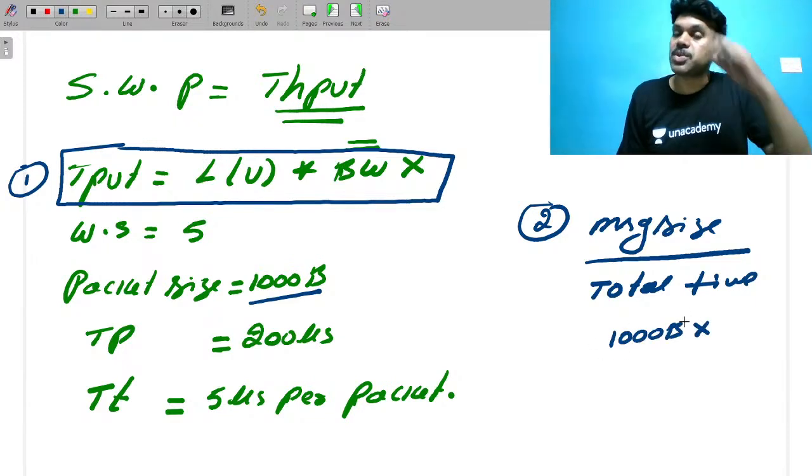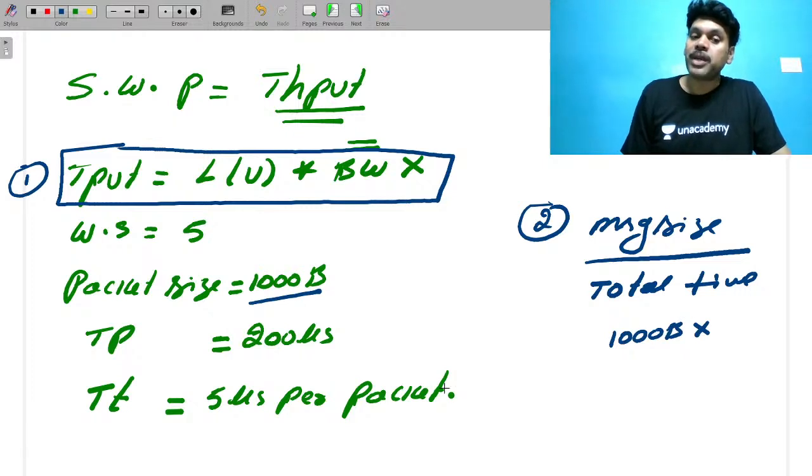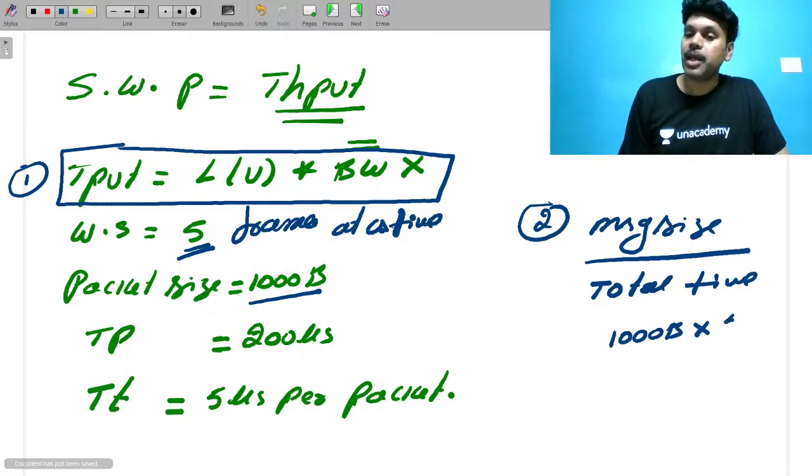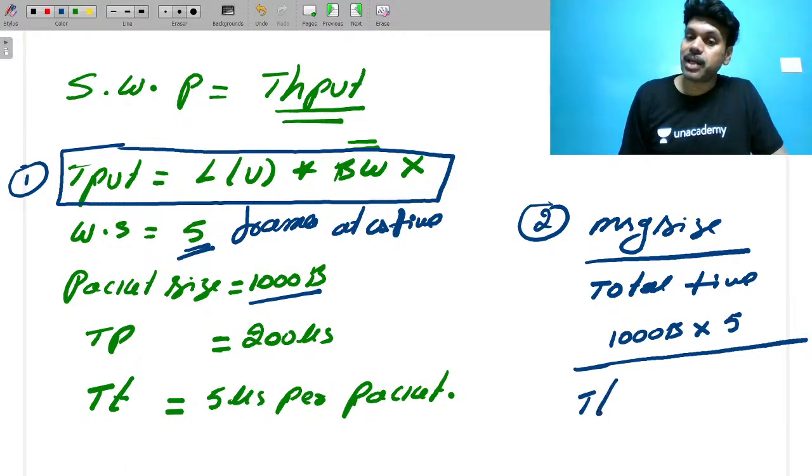Each frame is 1000 bytes. How many frames like that? 5 frames, because your window size is 5. What is the meaning of 5? 5 frames or 5 packets at a time, into 5. This is your total message size, divided by your total time, which is nothing but TT plus 2 into TP.